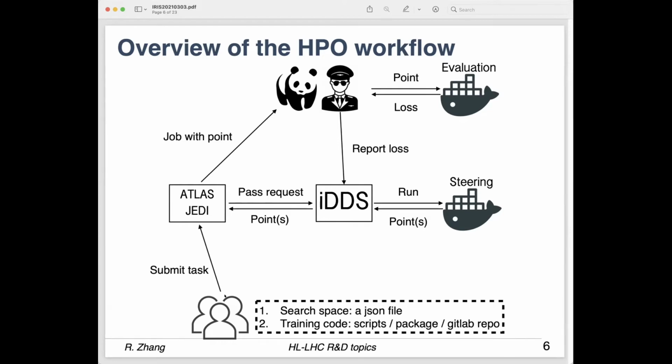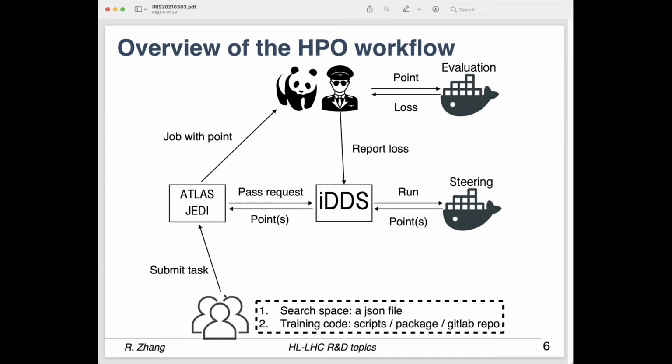Jedi will make a request to IDDS. So IDDS will run in a so-called steering component, which is using a Docker image, a Docker container to do that job. But essentially, this steering will just give you some points in the beginning.